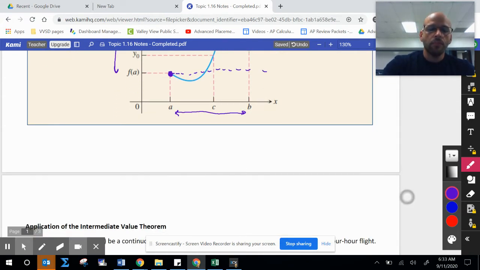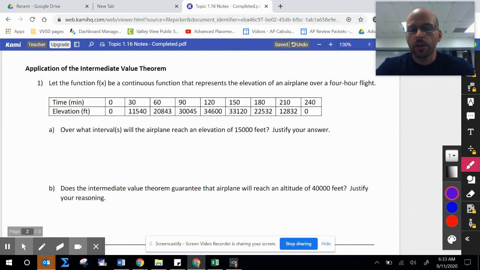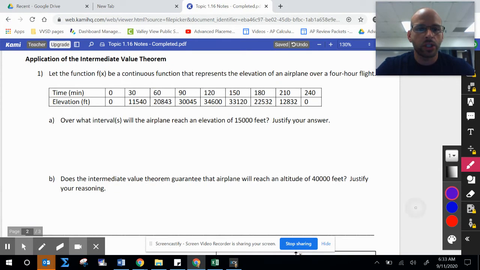Now, here are some applications. I have some numerical, some graphical, some analytical. I have a bunch of different representations here. So here is a question. I give you a table of values, and it represents the elevation of an airplane over a 4-hour flight. Part A says, over what intervals is the airplane guaranteed to hit an elevation of 1,500 feet?